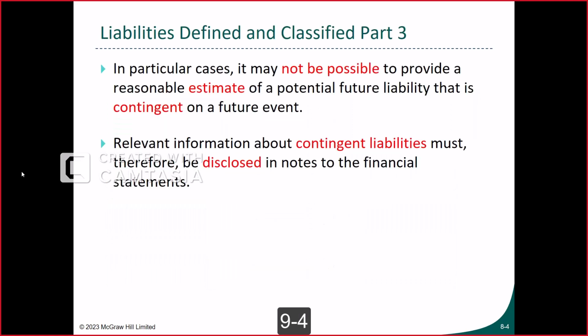Any questions so far? So the first classification is based on the age of the liability, whether it is current or non-current. The second classification is based on the extent to which we can determine or estimate the amount of the liability. Those liabilities that can be determined are accounts payable, tax payable, wages payable, accruals in general.